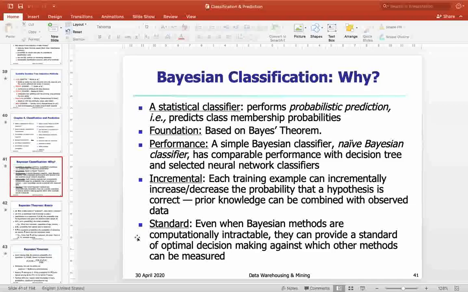And there is another disadvantage, that this algorithm is inadequate, not sufficient, to apply for regression and predicting continuous values, right? So these are the disadvantages of the decision tree algorithm.